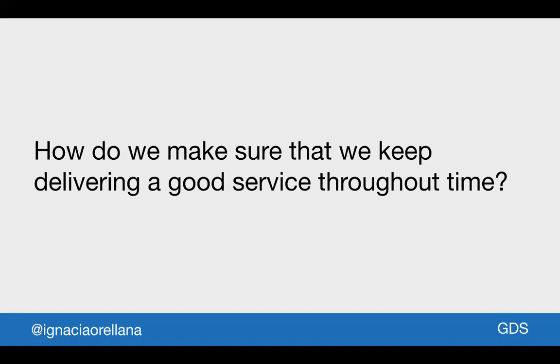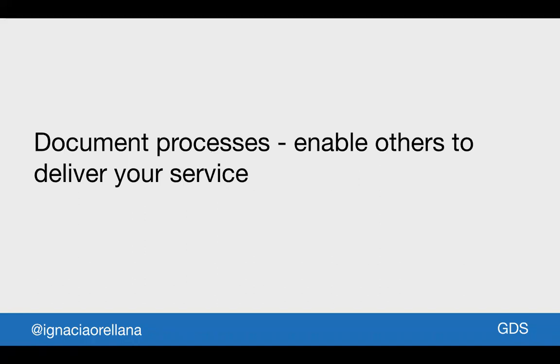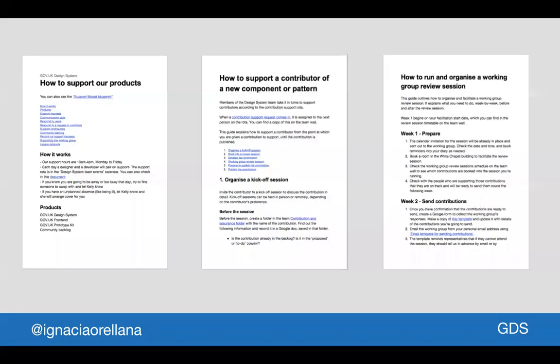So how do we make sure we keep delivering a good service throughout time? Some of the things that we've done: we've documented processes, and we're really focused on enabling others to deliver that service. For example, working very closely with our content designer, Amy, we've enabled the team to run things by documenting our support processes.